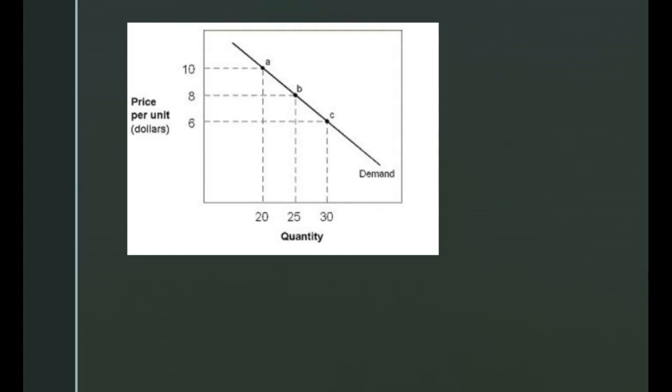In this demand curve there is some price elasticity of demand going on. So what is the difference between the 2 points, between point A and point B? We figure out that the price elasticity of demand is going to be 1.